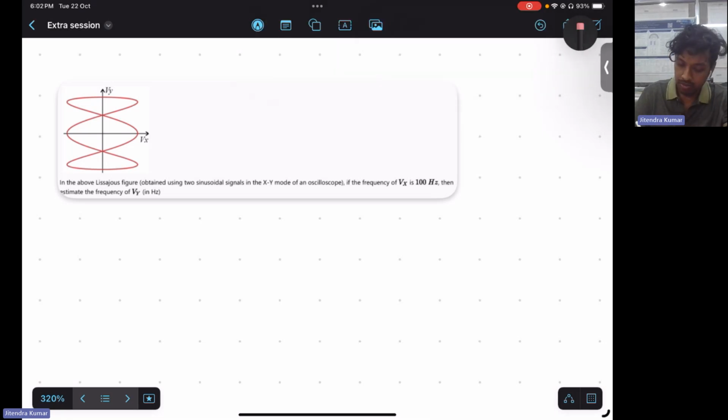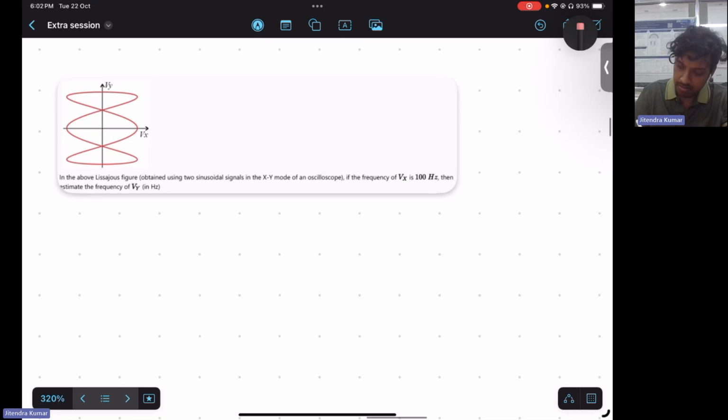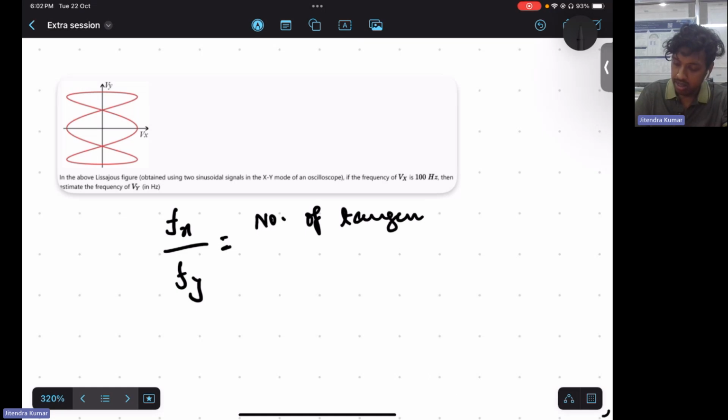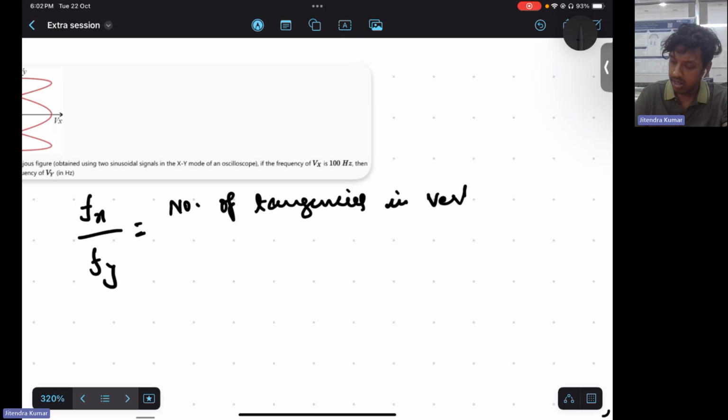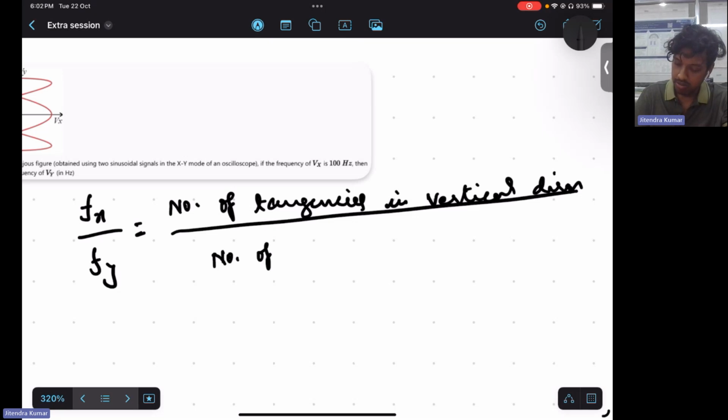So as I told you, Fx by Fy is equal to the number of tangencies in the vertical direction divided by the number of tangencies in the horizontal direction.